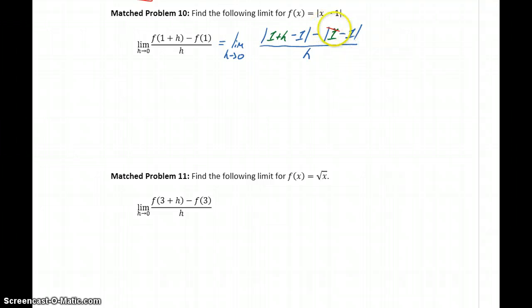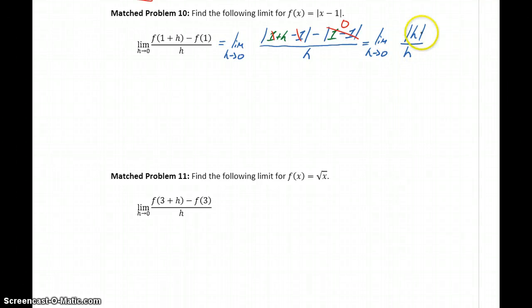So 1 minus 1, that's just going to be 0. 1 minus 1, both of those are going to cancel with each other, leaving us with the limit as h approaches 0 of the absolute value of h over h.